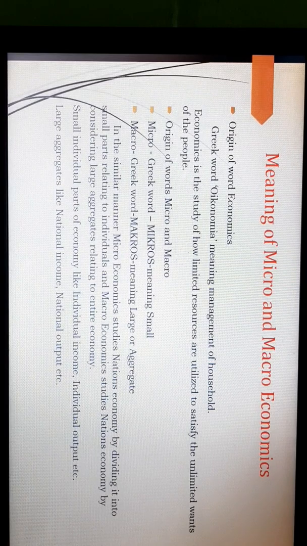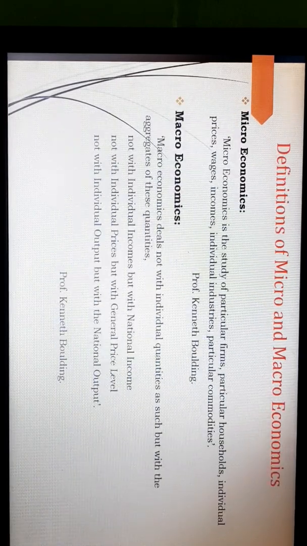So we can say that study of a particular tree in a forest, it's called as micro. And when we talk about the study of entire forest, it's called as macro. Fine. Okay.